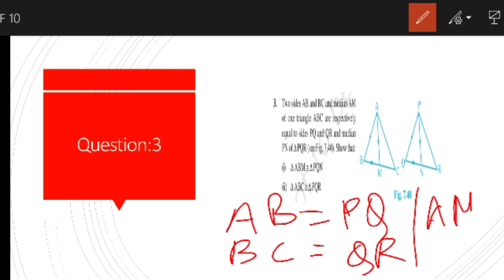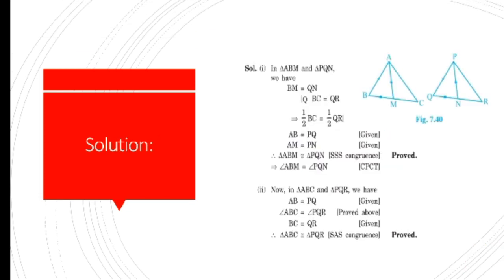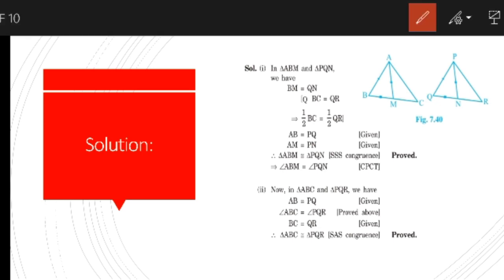and AM equals PN. So these three things are given. Now the solution is like this.